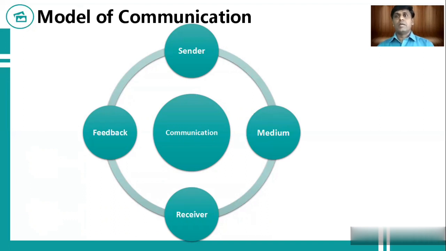Whenever I am a sender, I have to perform the formality as a sender. Then receiver is equally important, which is an equally important factor in presentation. When sender and receiver play their role properly, then communication becomes a successful one. So these sender and receiver are very, very important factors in communication.